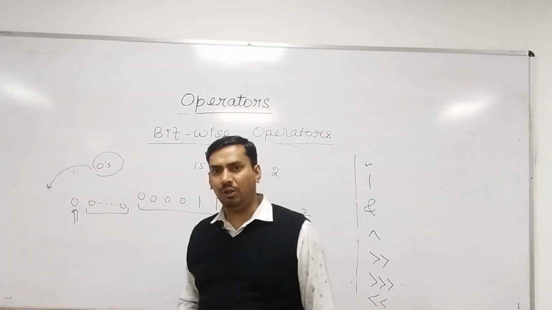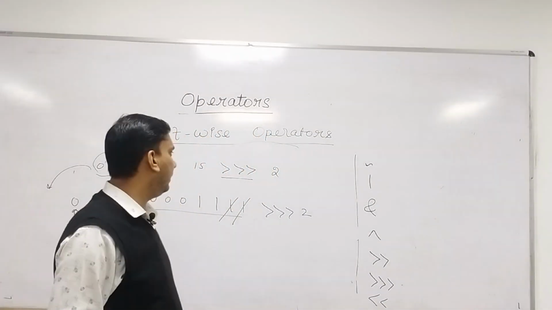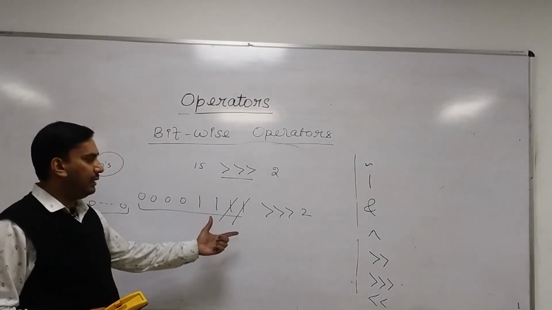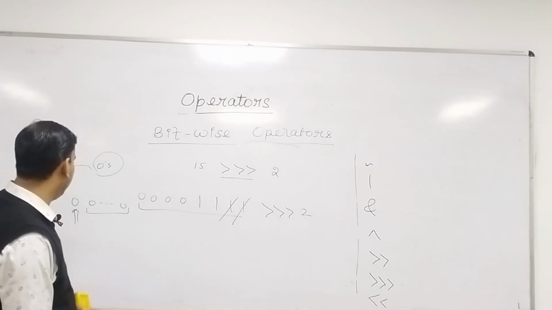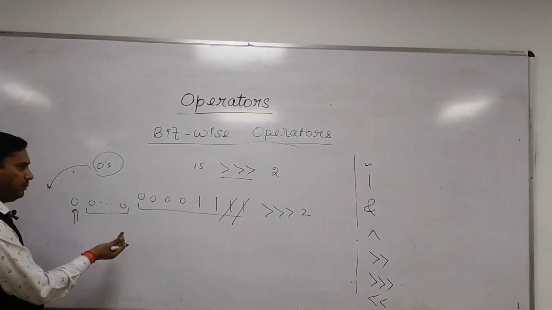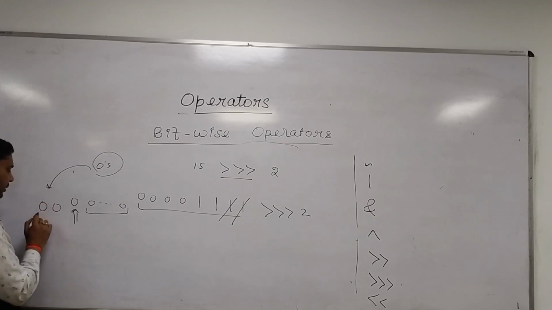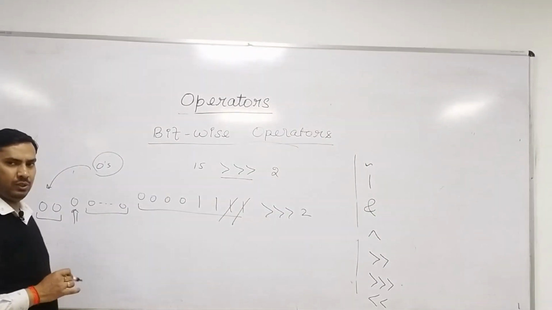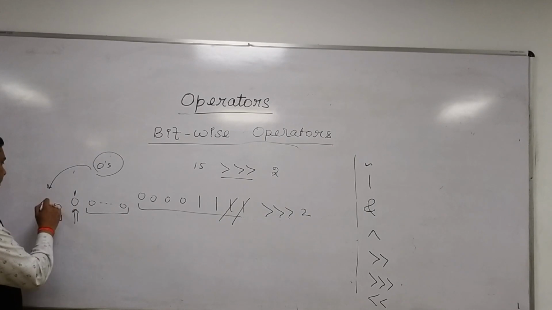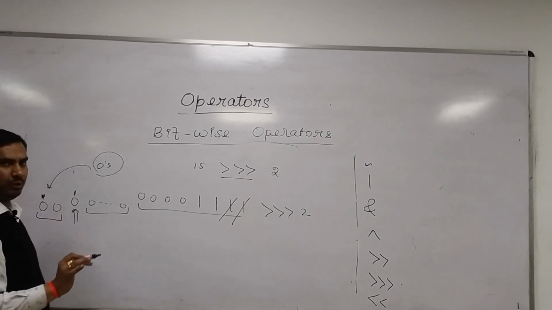So you will find the problem when you are shifting a negative number with the unsigned right shift. This time it will not give you any problem. You discarded 2 zeros, and to compensate, you need to put 2 zeros here. So a positive number remained positive here, so no problem.